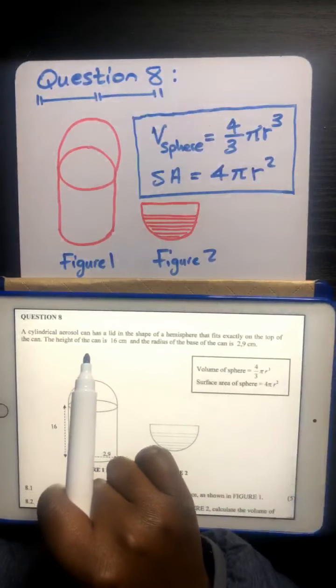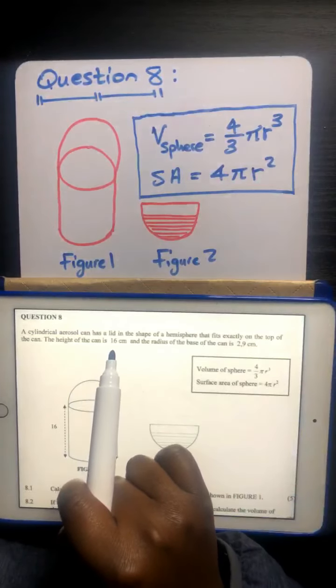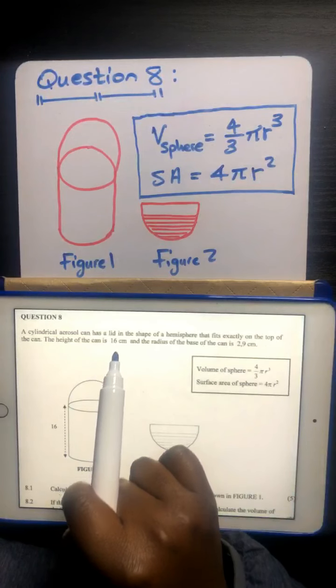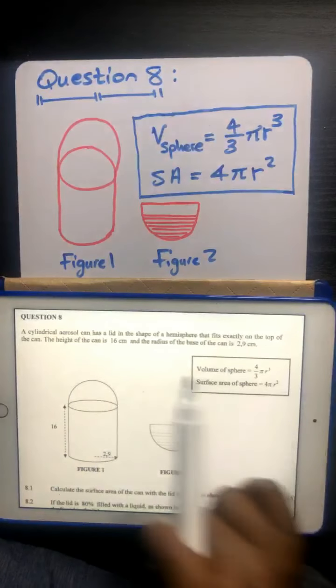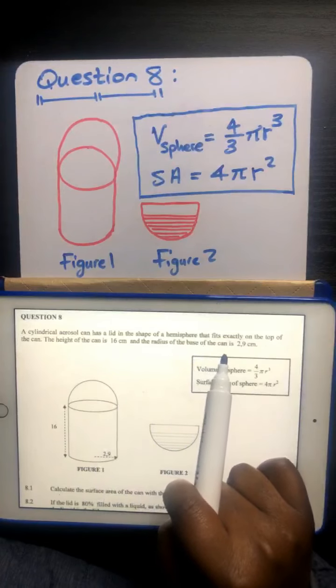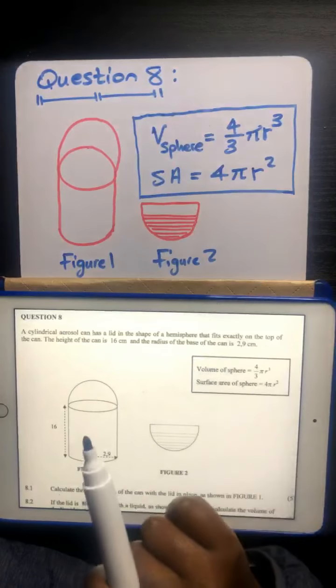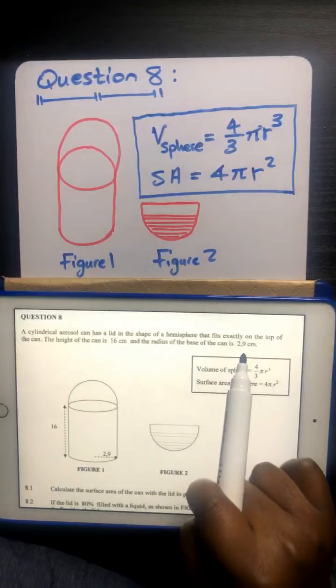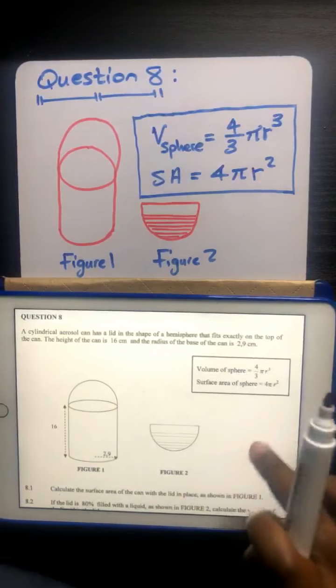The height of the can is 16 centimeters, and the radius of the base of the can is 2.9 centimeters.